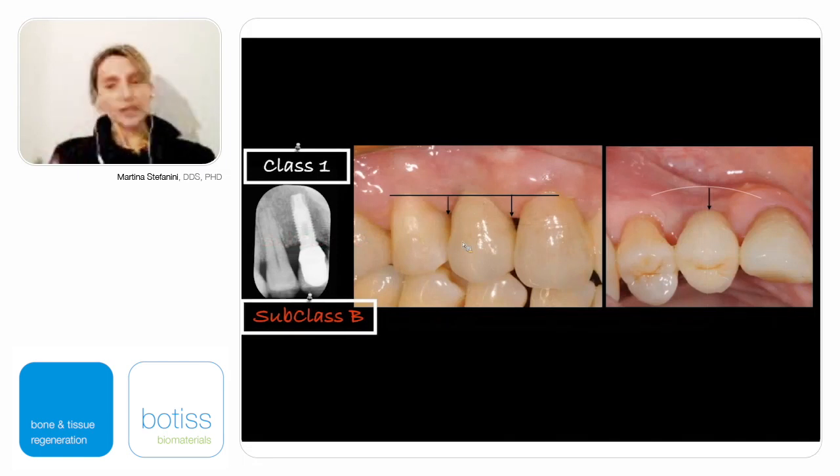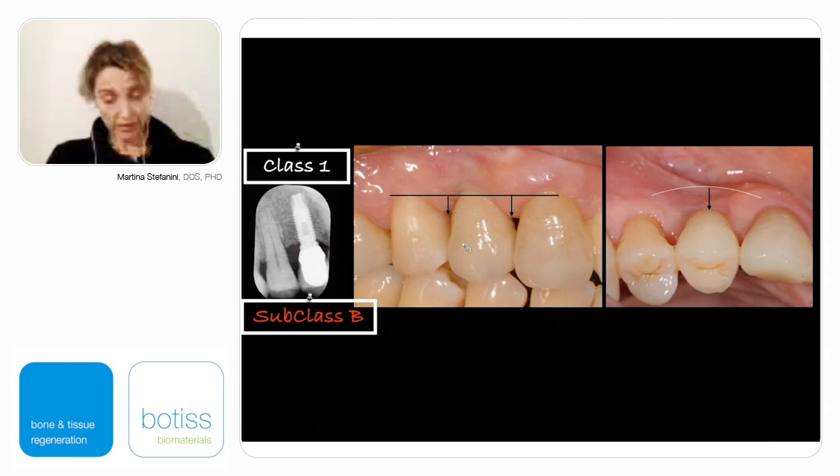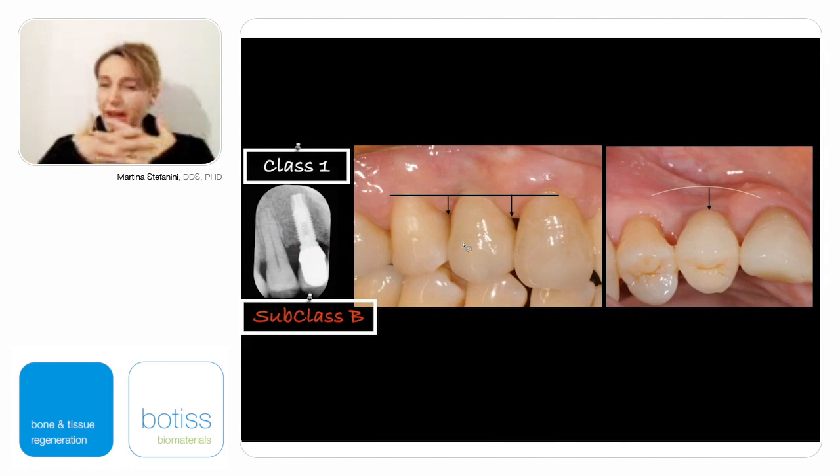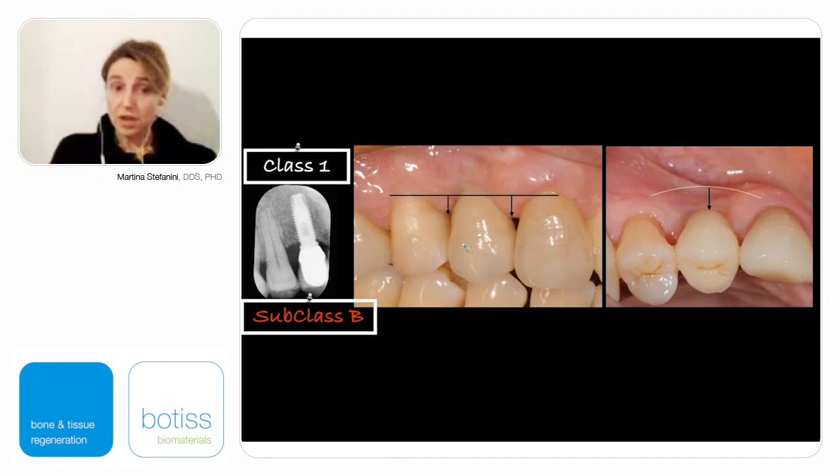So in the treatment of this kind of deficiency around implants, what I can tell you from my experience is that Mucoderm works very well in the treatment of class 1 deficiency, meaning the class where you don't have an apicocoronal displacement of the gingival margin.